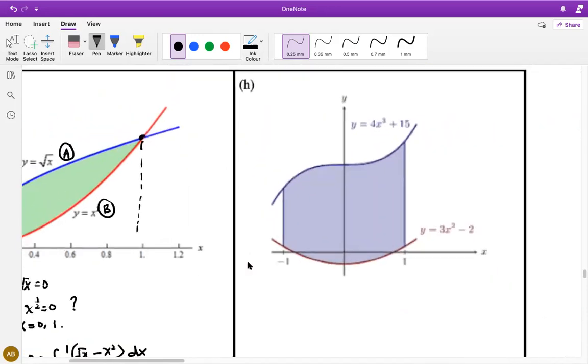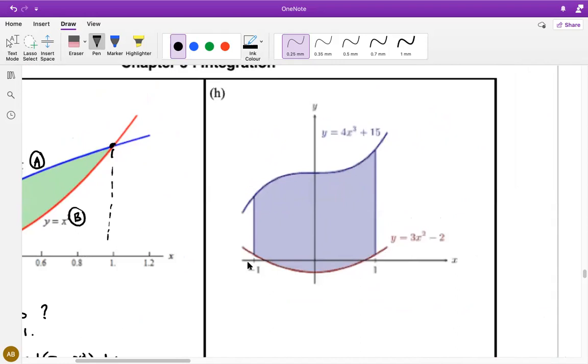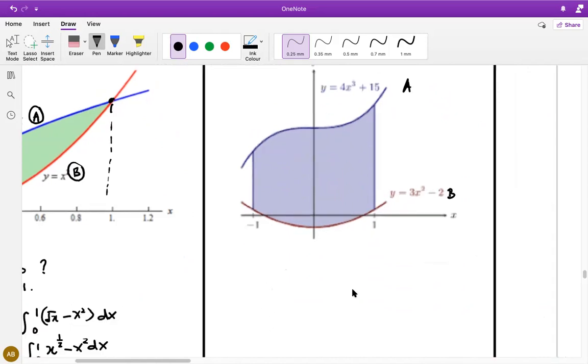So how about this question? This question is very straightforward. So above minus below, from -1 to 1, already given to you the range. So therefore it's -1 to 1, and then 4x cubed plus 15, that is the above, minus the below, 3x squared minus 2, right? dx.